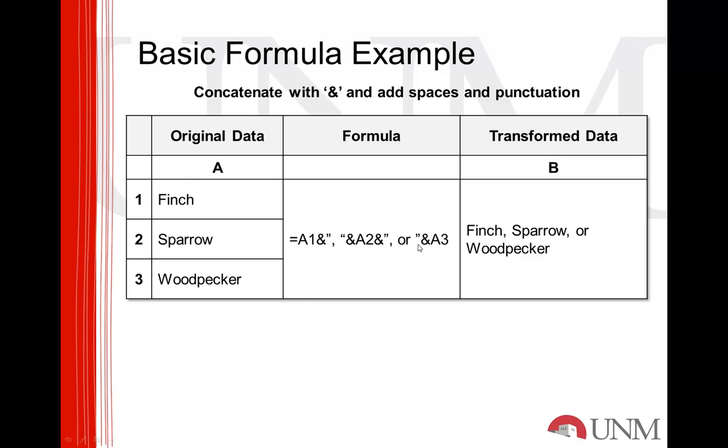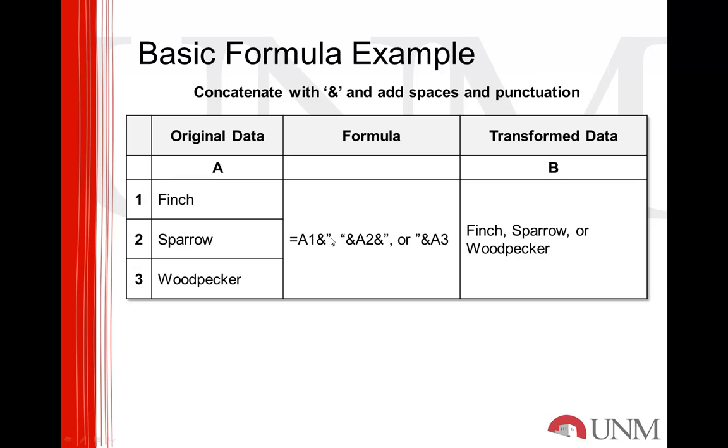What we're going to do with this formula is take the words finch, sparrow, and woodpecker and concatenate them together in sentence format with proper punctuation. So you see we've got A1, which is finch, and then we use an ampersand to connect A1 to either a data string or another cell's data.